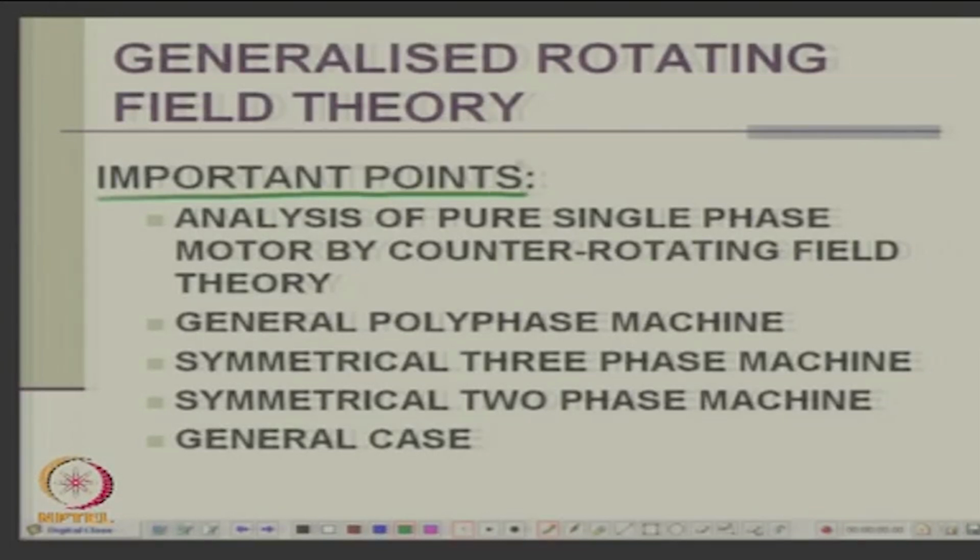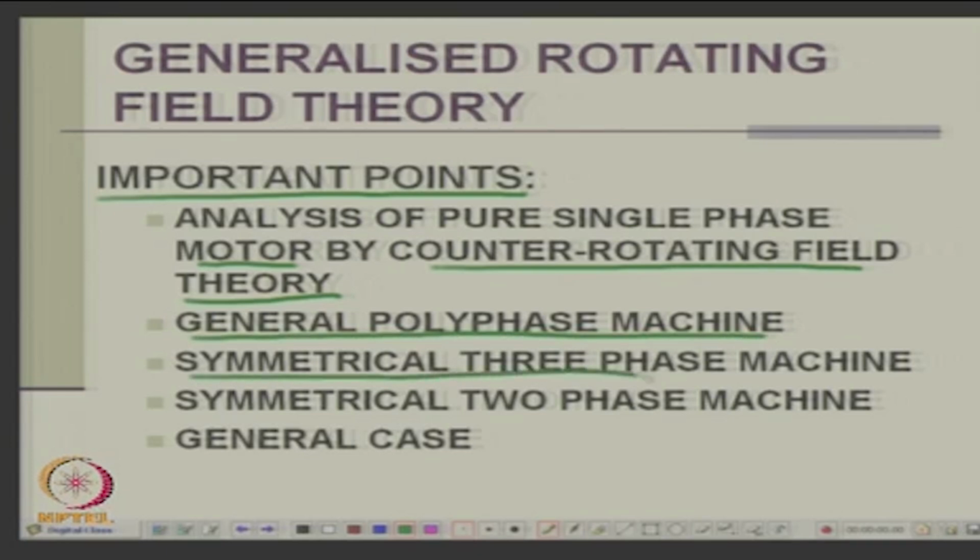Now, what we need to understand is, in the generalized rotating field theory, we start with the analysis of a pure single phase motor by the counter rotating field theory, then we look at the general polyphase machine, the symmetrical 3 phase machine, then the symmetrical 2 phase machine, and then a general case.